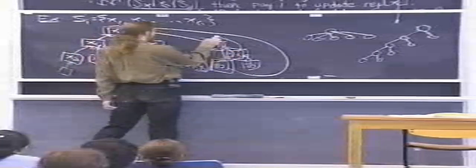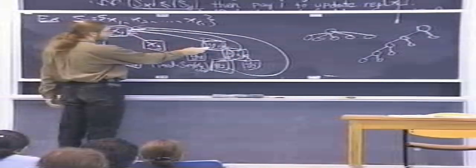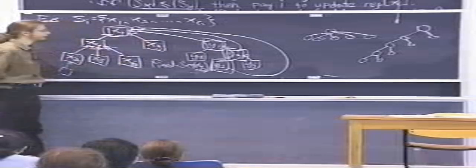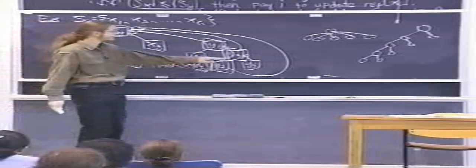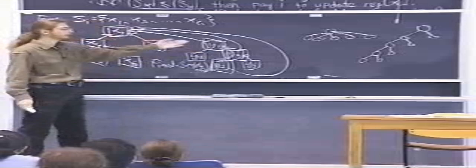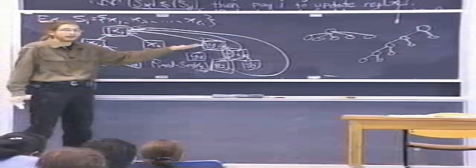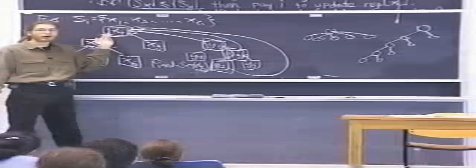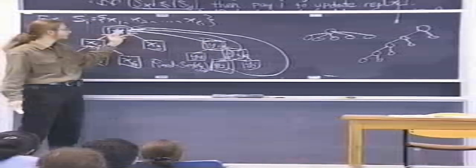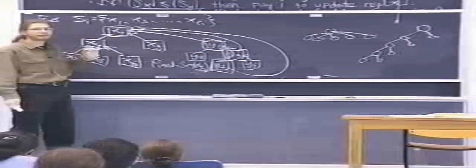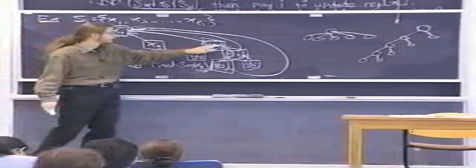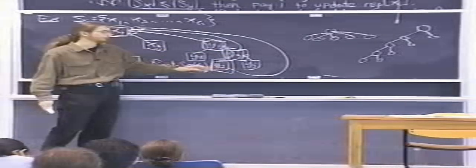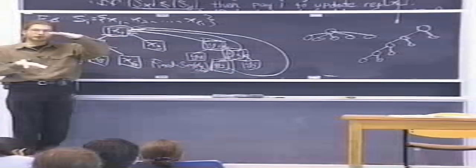Right. So I could change the parent pointer of y3, and I could change the parent pointer of y1. Well, y1 already points there directly. So I could take all of these nodes that I visit and change their parent pointers, because I'm visiting them anyway. It takes me time proportional to the length of this path just to go up it. After I go up it, why not say, oh, that's the new root, so I set this guy's parent to the root, this guy's parent to the root, and this guy's parent to the root? That makes my tree shallower.